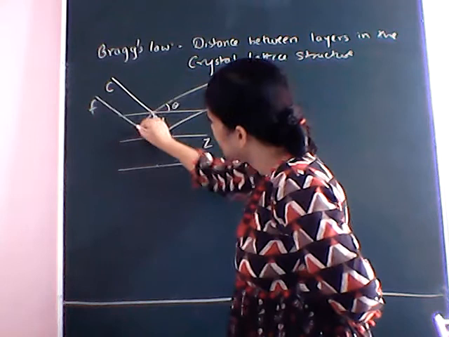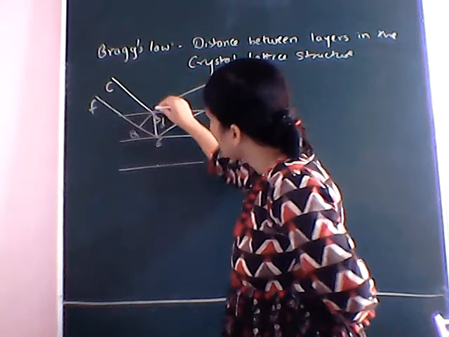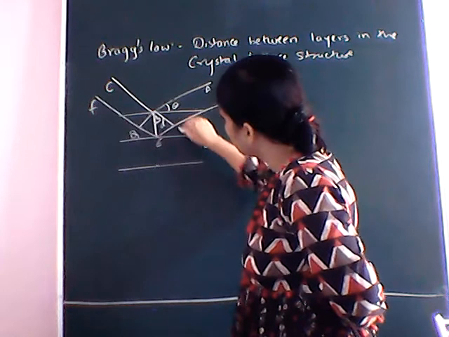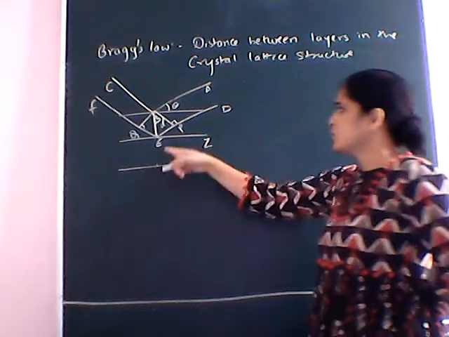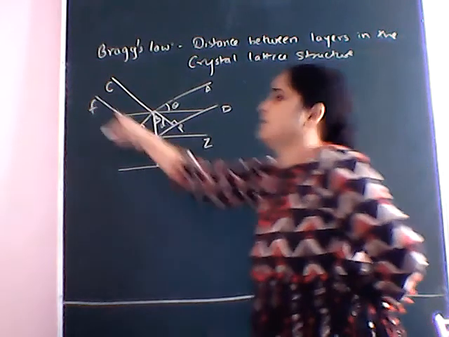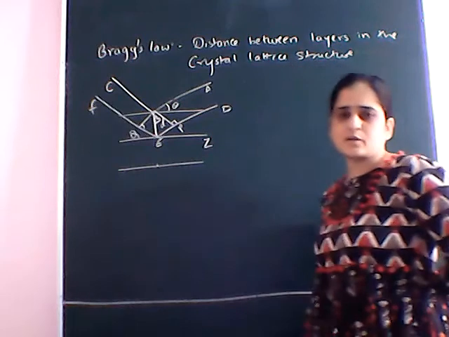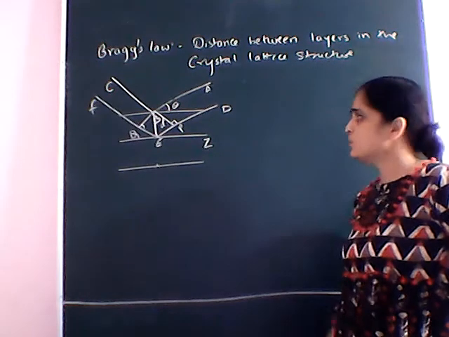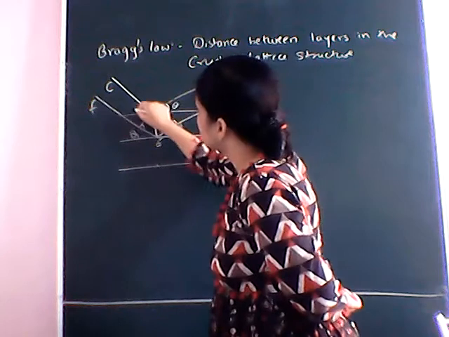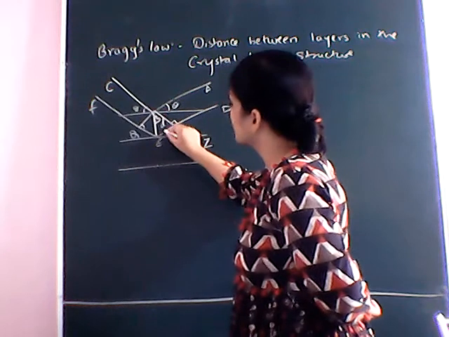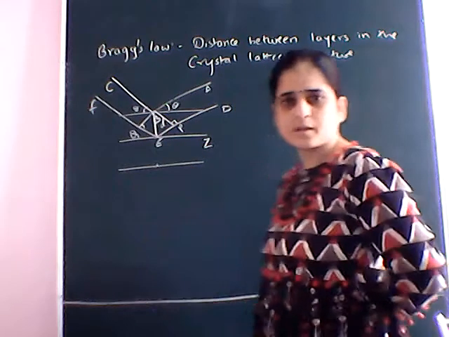Suppose BQ and BP are the perpendiculars which are drawn to ED and EF respectively. Now here the angle of incidence and angle of reflection are the same. The same thing goes over here also, right?